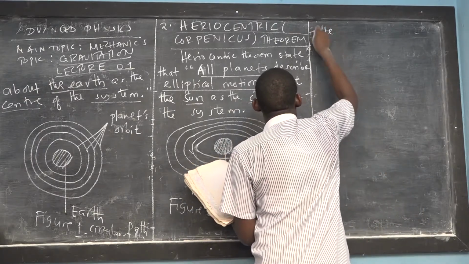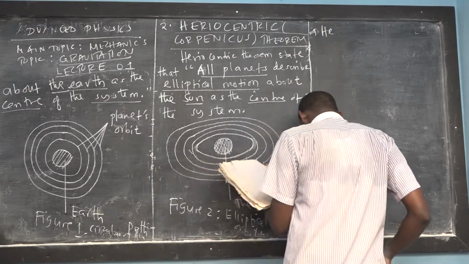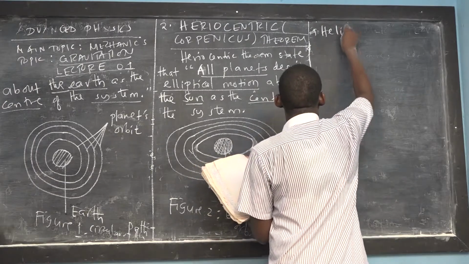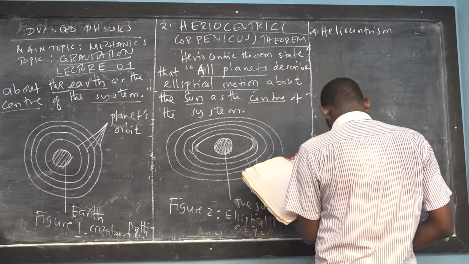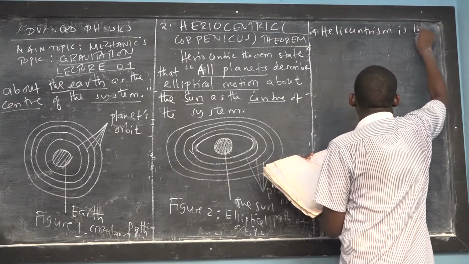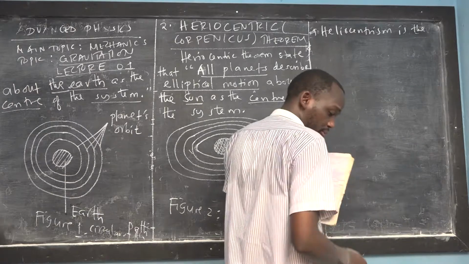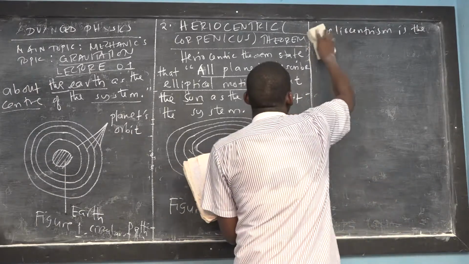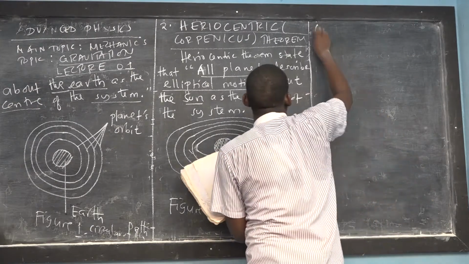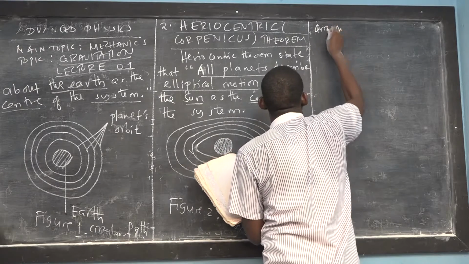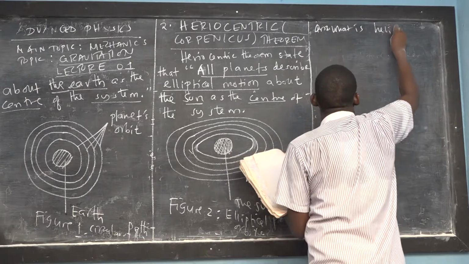Then here we have something else to add before I go to the third theorem. We said heliocentrism. For example, in theory, when you find an exam, you will be asked like this: what is heliocentrism?